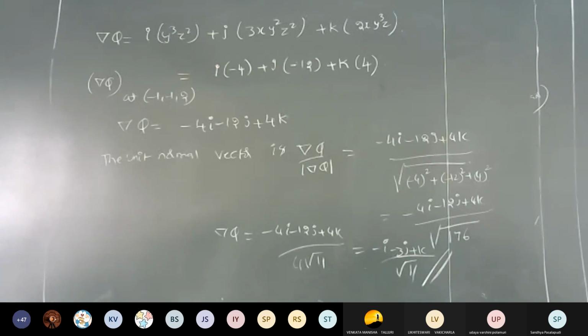So is it clear now? So it is also very simple one. Any problem?